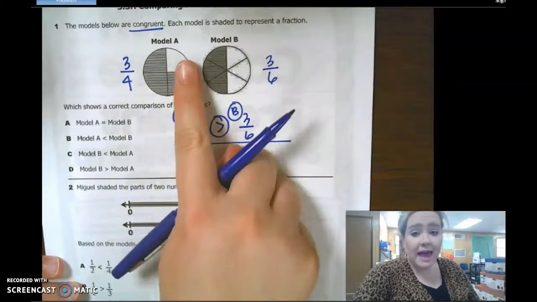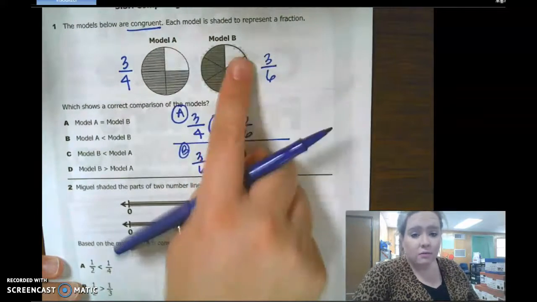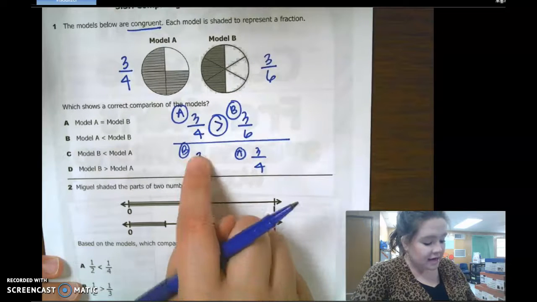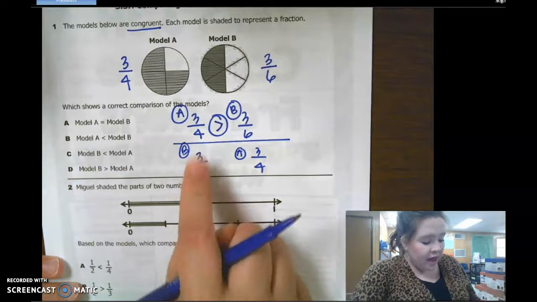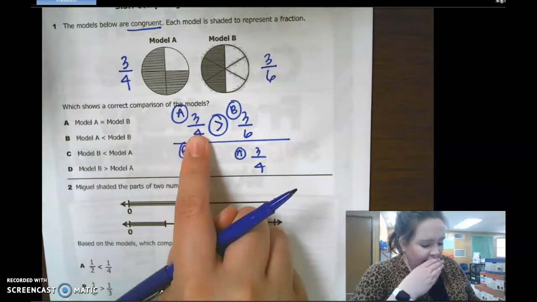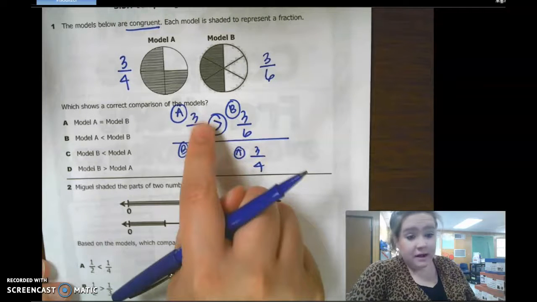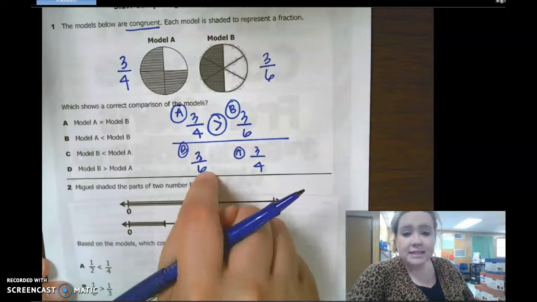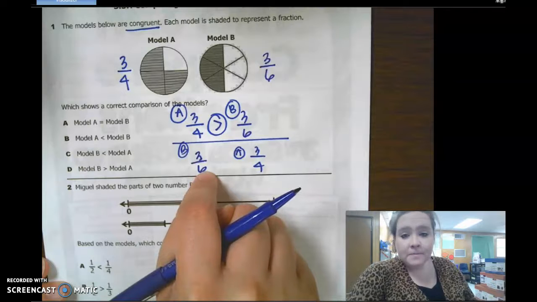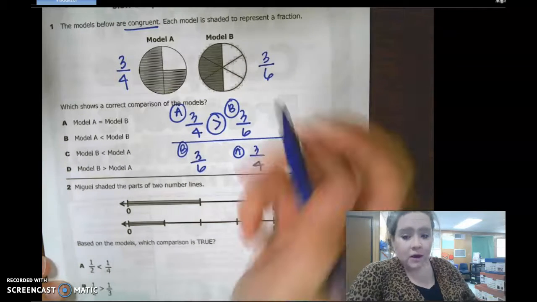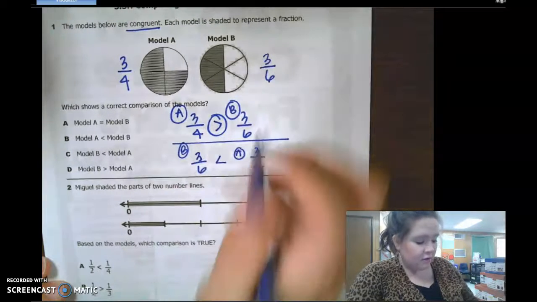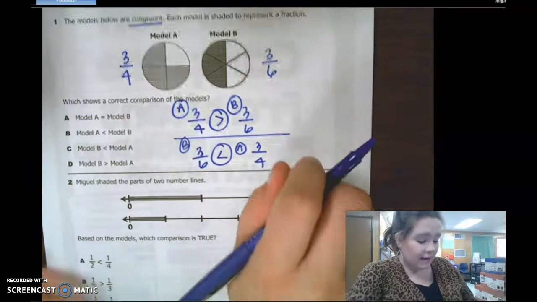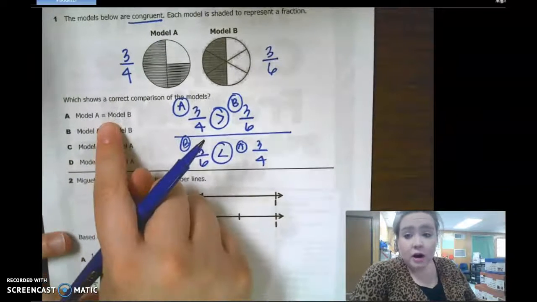So model A is greater than model B. Looking at the second one we have here, if 3/4 is greater than 3/6, 3/6 is good, less than 3/4.